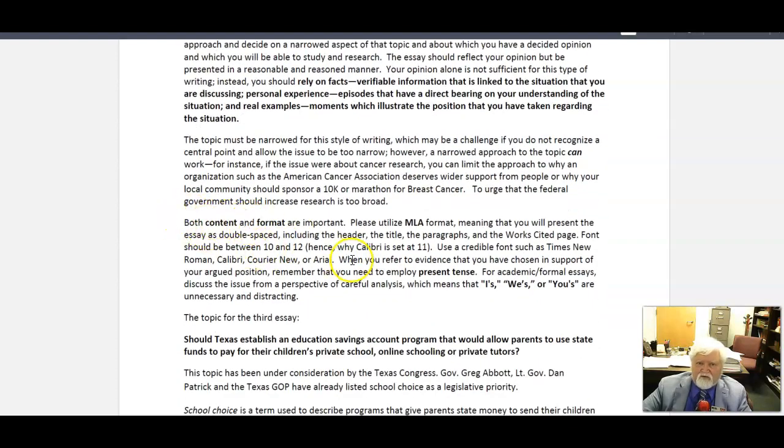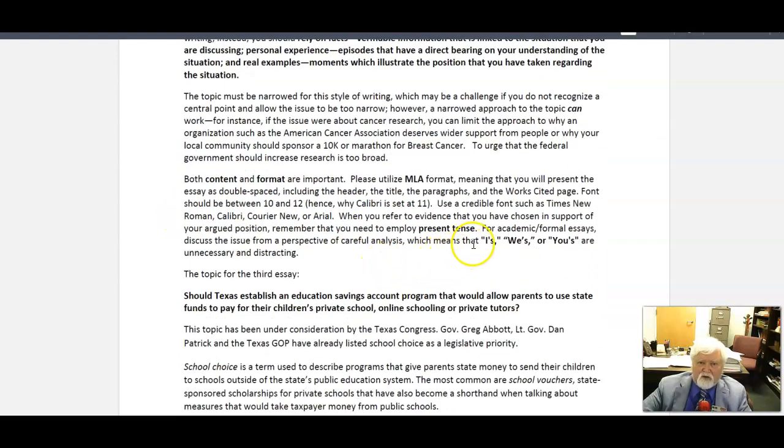Again, I've talked about content format very briefly, but I do want to address this. As you argue, use present tense. And as you offer for a formal essay, academic purposes, you do not use personal comments unless it's one of these personal examples that you have that is applicable to the topic. You do not use we.